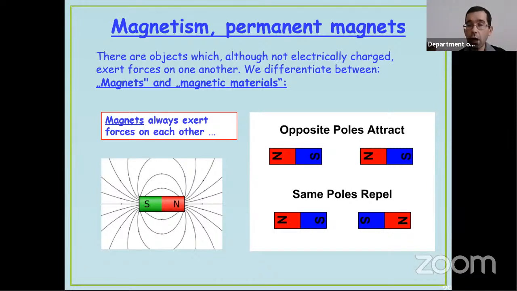These two poles are called South Pole and North Pole, according to the fact that the magnets are oriented along with the magnetic field of the Earth, and that pole that points toward the North Pole of the Earth is the North Pole of the magnet, and that one that is oriented towards the South Pole is the South Pole of the magnet.